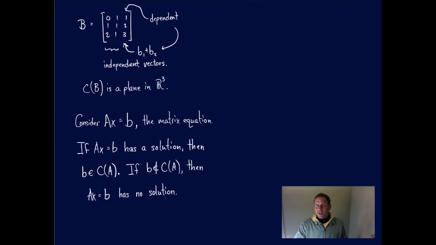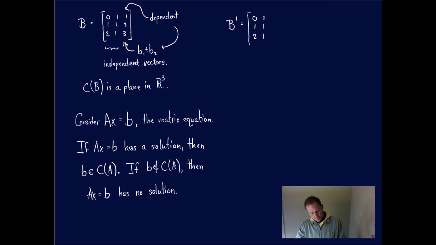So here would be an example. Let's try B prime. Let's get rid of that dependent column. So we'll say B prime is 0, 1, 2, and 1, 1, 1. And we want to solve B prime times x equals the vector 0, 2, 3.